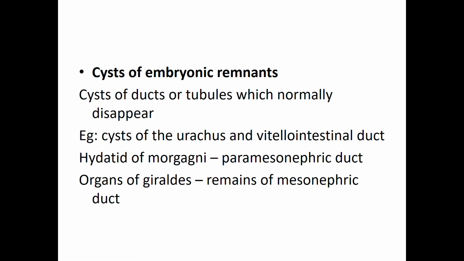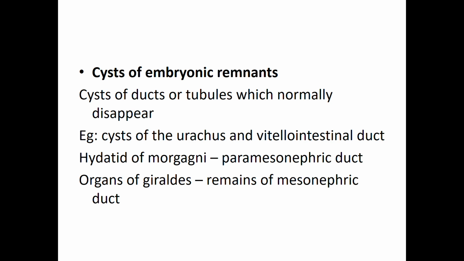The next variety is hydatid of Morgagni. Now, Morgagni is formed from the remnants of the paramesonephric duct. Okay, now the paramesonephric duct is also called the Mullerian duct, and this helps in the derivation of the female genital organs.